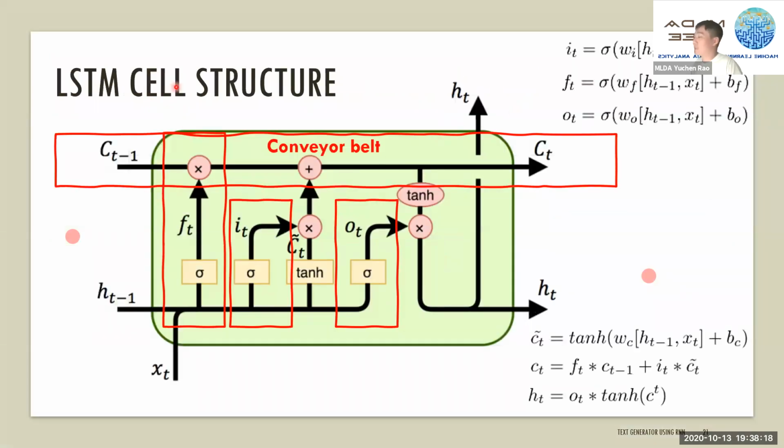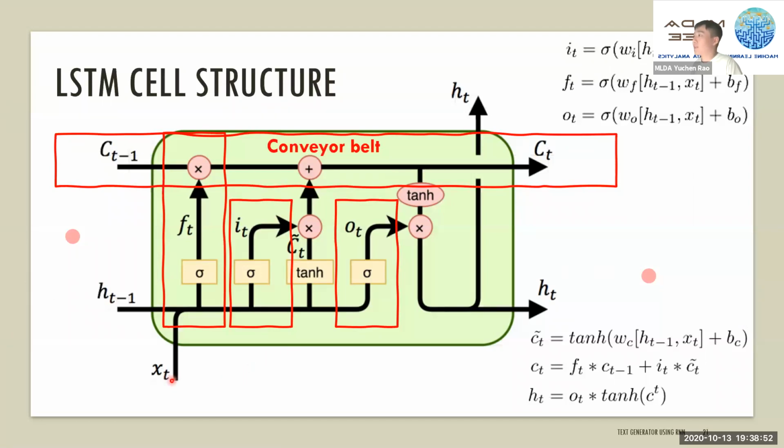So here is an LSTM cell structure, which can be represented as very confusing, horrible mathematics, or we can just use a very intuitive picture. LSTM has a conveyor belt which handles the memory, and another belt which is our hidden layer belt, which is ordinary.